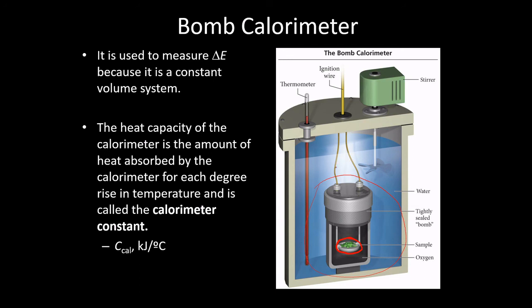You measure exactly how much the water heats up, and because you know exactly how much material you started with, you're able to work backwards from the amount of heat that the water absorbed to figuring out how many calories of energy that food had to begin with. And so you can work out the caloric content of that food. So in a nutshell, that is how a bomb calorimeter works.